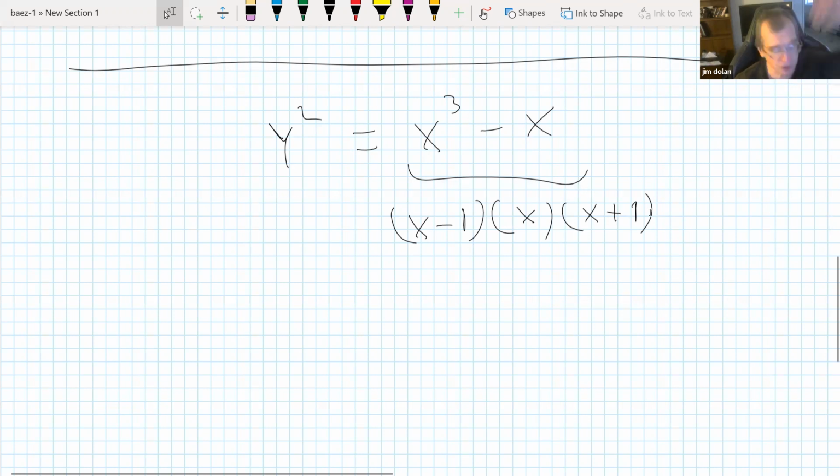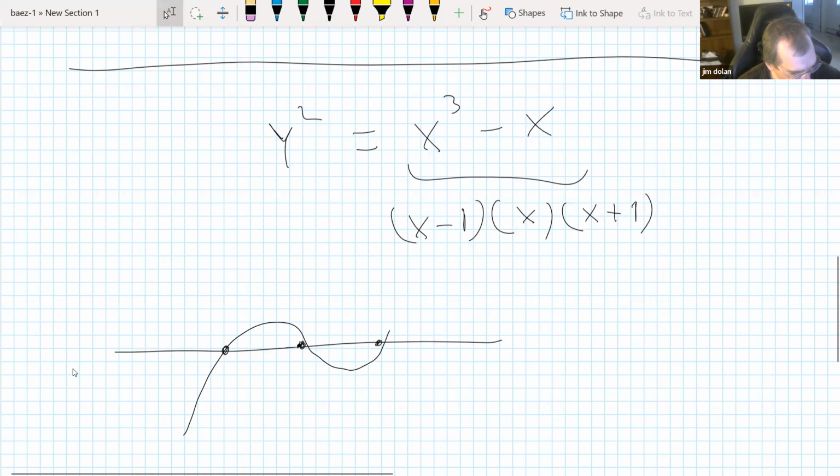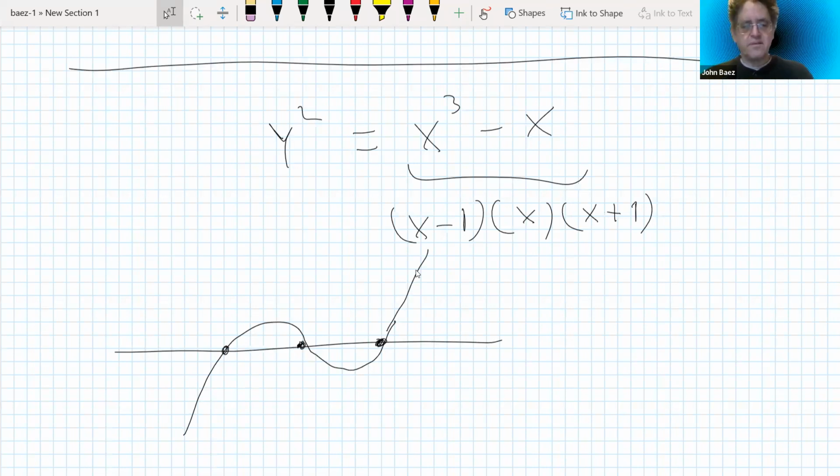So, I'm trying to orient myself to the mental pictures I'm supposed to be thinking about here. There's this cubic polynomial x cubed minus x, and I'm imagining that it looks something like this, with -1, 0, and 1 marked, very roughly, very qualitatively.